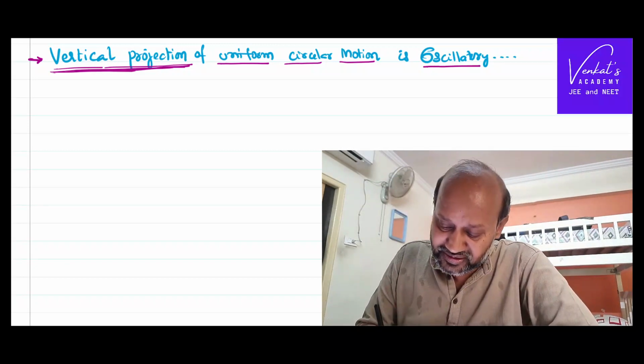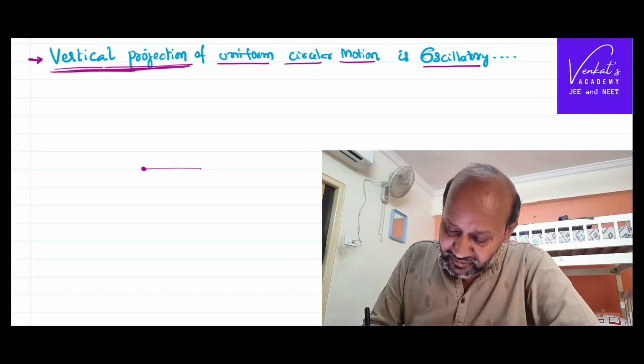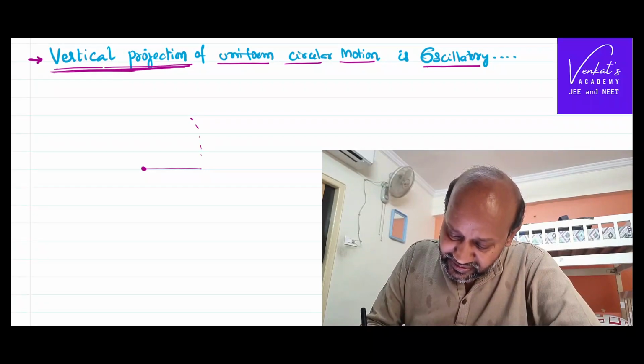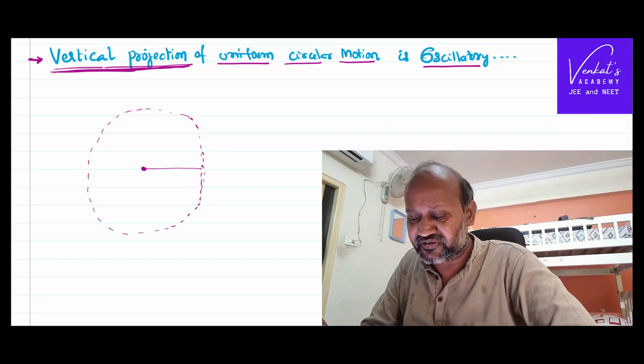So let us consider a fixed point. If a body is revolving around this fixed point like this in a circular path with a constant speed, direction changes, therefore velocity changes.